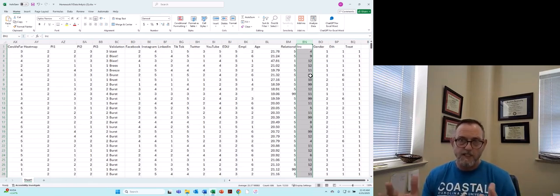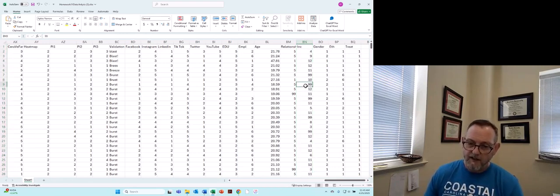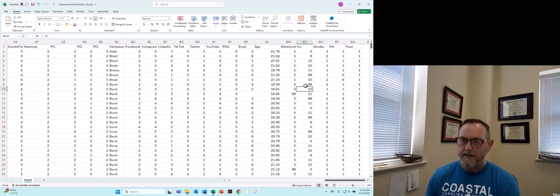So it's kind of like just a missing data point. If you see a 99 in here, it could just be a missing data point like that. If you wanted to do that, you could do that. It wouldn't hurt the data set. It wouldn't impair the data set, because the 99 means nothing. It means blank. It means a non-response, basically.